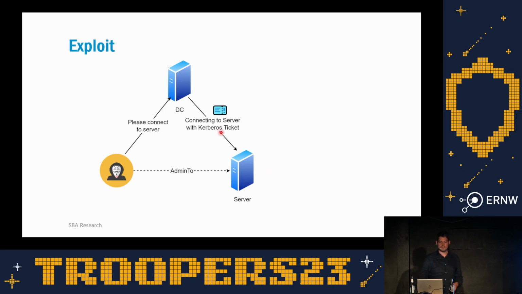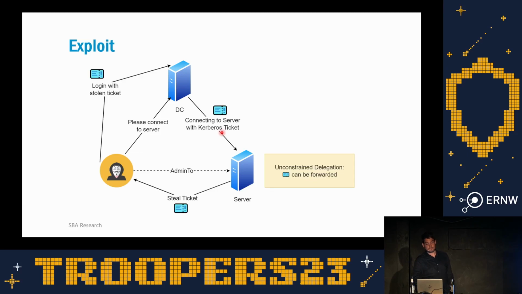So it will use basically its Kerberos ticket to authenticate to the server. In this case, the server has unconstrained delegation enabled, so this ticket can be forwarded. Because the attacker is admin to this server, they can steal the ticket, basically dump it from the LSASS process, and then use this ticket to log in to the domain controller.